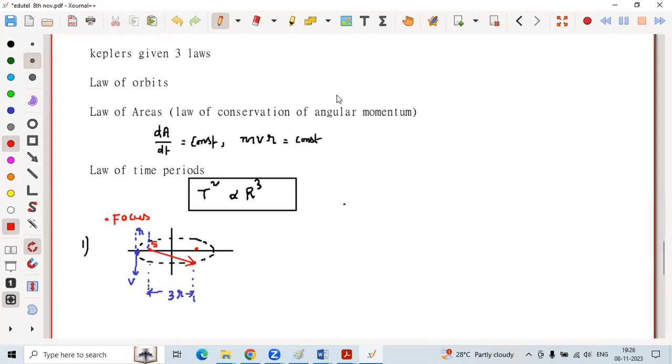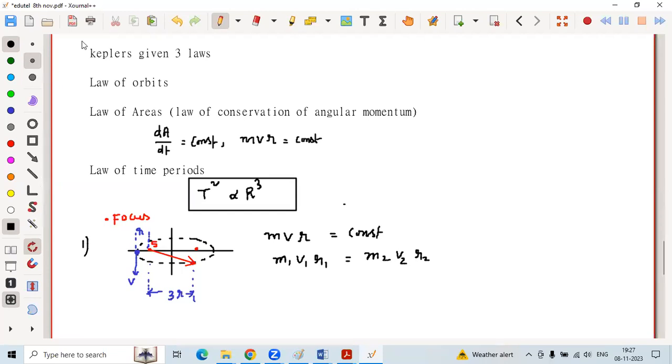Okay, see how to do this question. We'll use mvr is equal to constant, that is Kepler's second law. If pv is equal to constant, p1 v1 is equal to p2 v2. Similarly, if mvr is equal to constant, m1 v1 r1 is equal to m2 v2 r2. What is m?